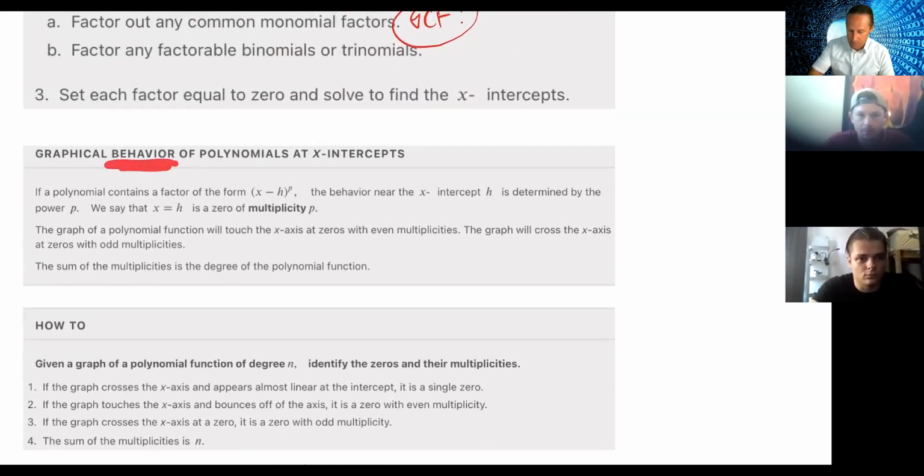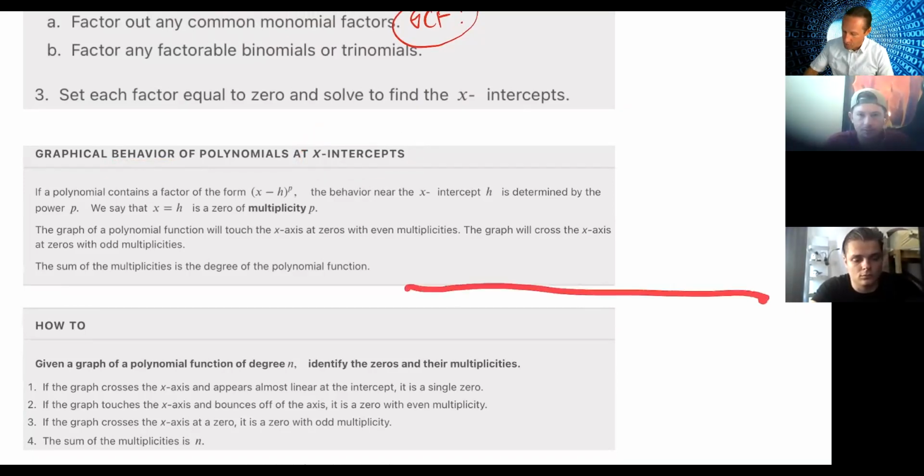Okay, so just a quick review of that, and something else that we've talked about already, and that is how these graphs behave at the x-intercepts. Now remember, x-intercepts are where it's crossing through the x-axis. So if we had some examples where it hit there, there, and there, well, first of all, it'd be nice to know what the degree of this polynomial or equation is.